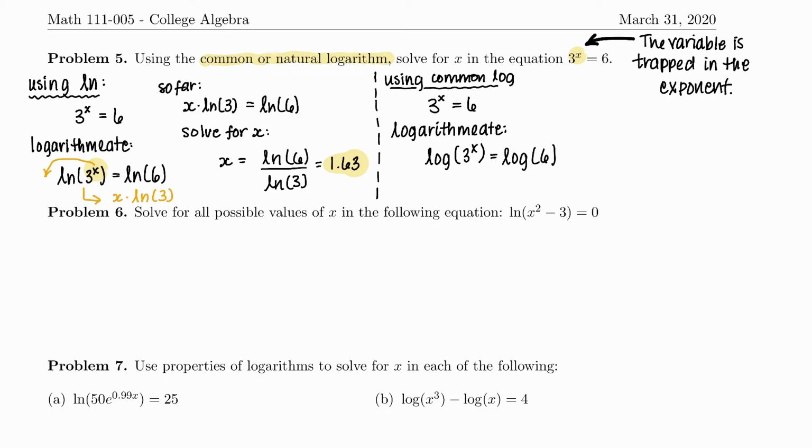Just like before, the exponent's going to hop out front, so I'm left with x times log of 3 equals log of 6. And I can solve for x by dividing both sides by log of 3.